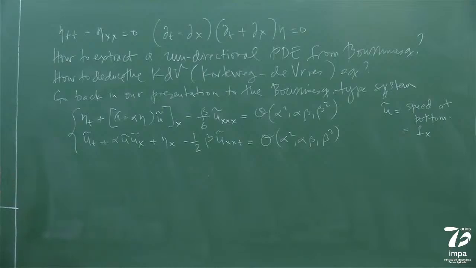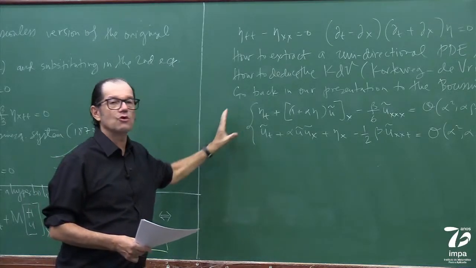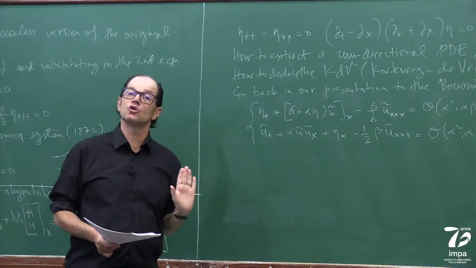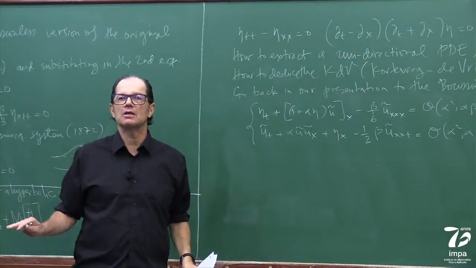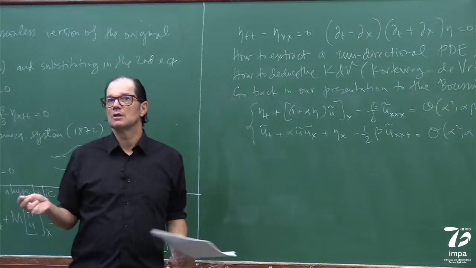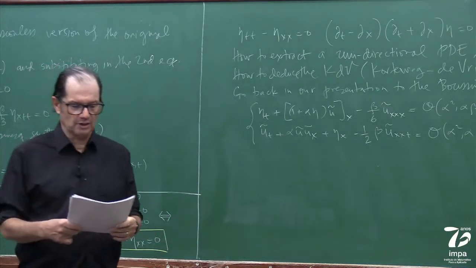That's not so important. We went back to this system, okay? Now, the question is, how do I specialize this system for waves going only in one direction, for a solution that only goes to the right? There's nothing happening on the left, which is a question I'll ask you also for the linear system.